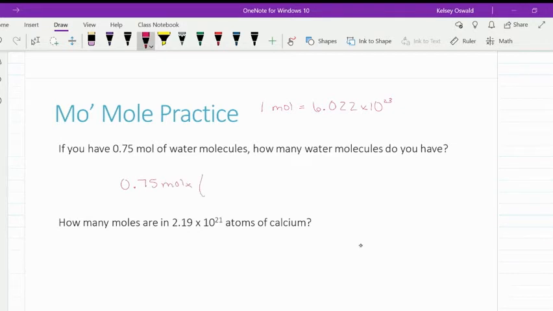And then in this case, we're going to multiply by our 6.022 times 10 to the 23rd molecules for every 1 mole, so that we have moles on top, moles on bottom, and they cancel out. So when we plug this in our calculator, we should find that we have 4.52 times 10 to the 23rd molecules.